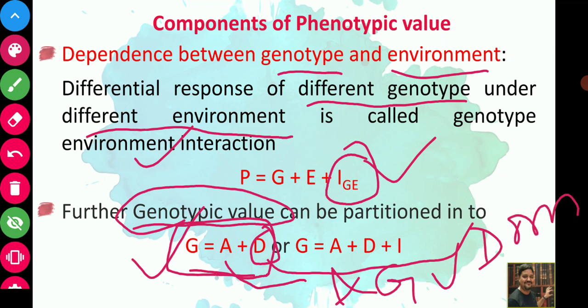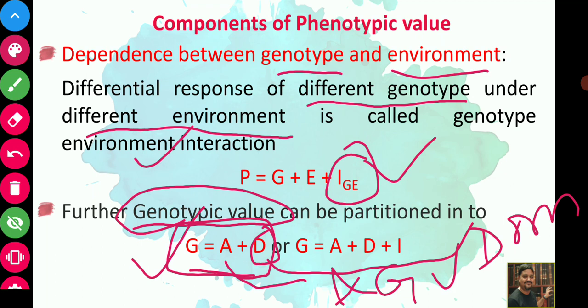So what is additive genetic variance? Suppose you have a genotype capital A capital A, another genotype capital A small a, and another genotype small a small a. Suppose capital A contributes 2 units and small a contributes 1 unit.